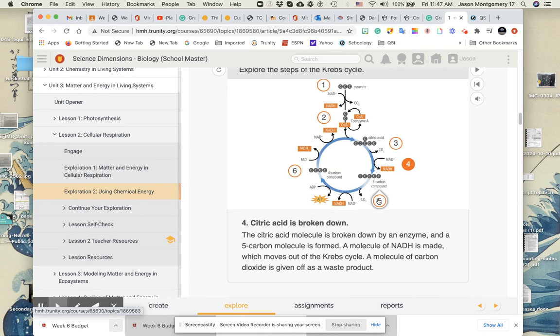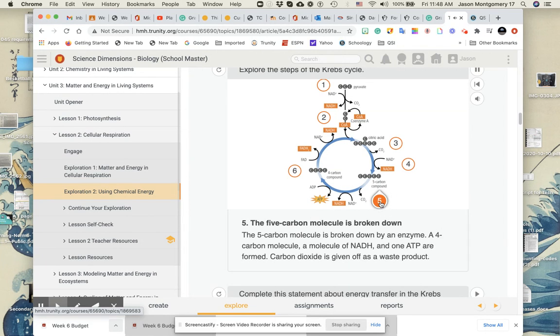All right, moving on to step 5. You got your 5-carbon here, and now it's going to go down to 4-carbon through a couple of processes. The 5-carbon molecule is broken down by an enzyme. A 4-carbon molecule, a molecule of NADH, and 1 ATP are formed.